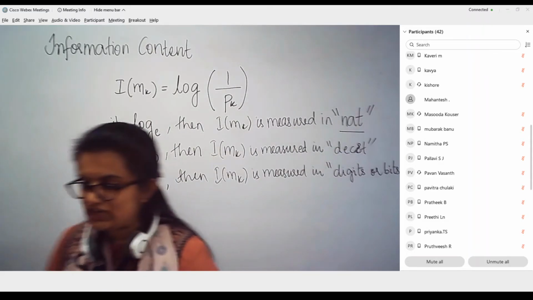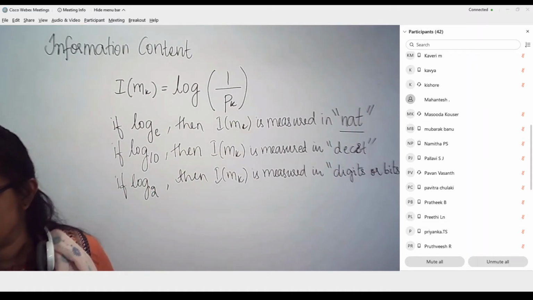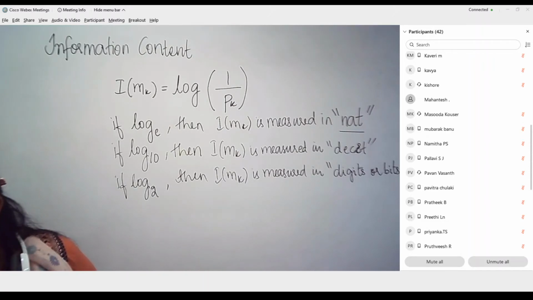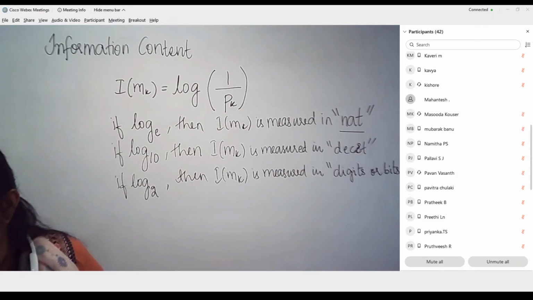This is a common usage of bits, because we already know that if it is binary with base 2, then we are very sure that it is represented as bits, correct? The possibilities are ones and zeros, so therefore we measure it in terms of bits.